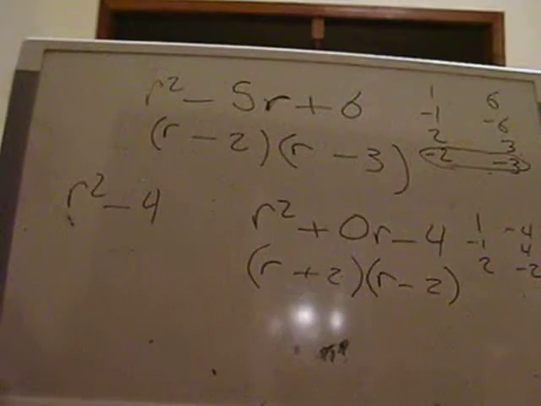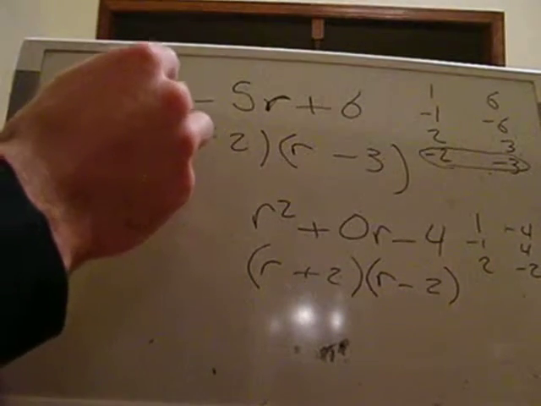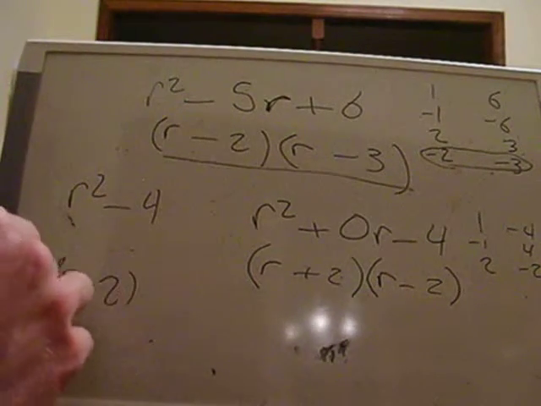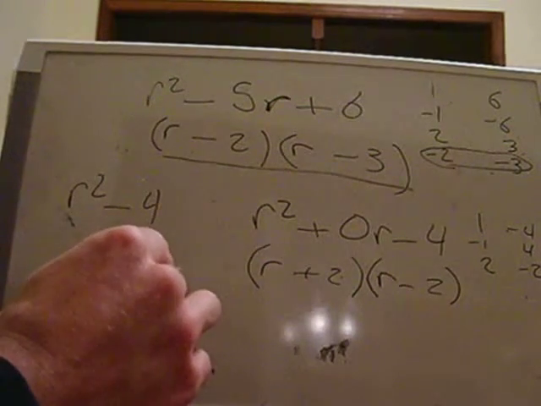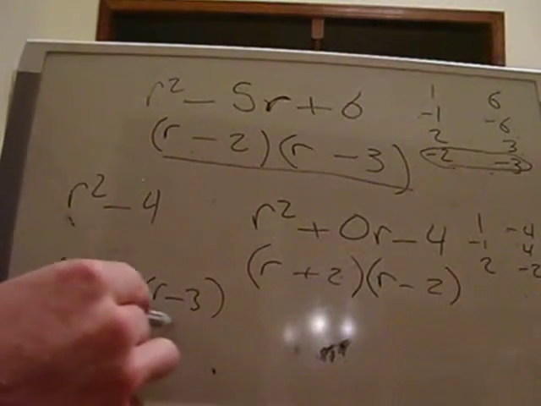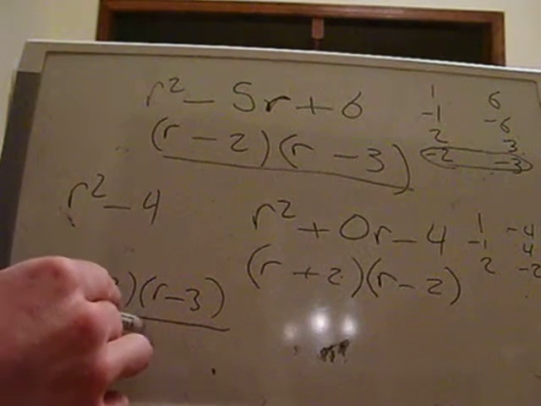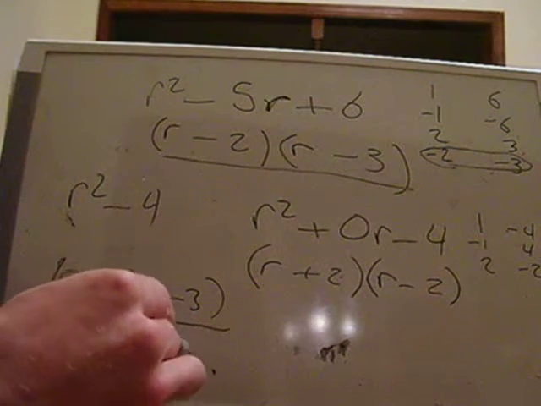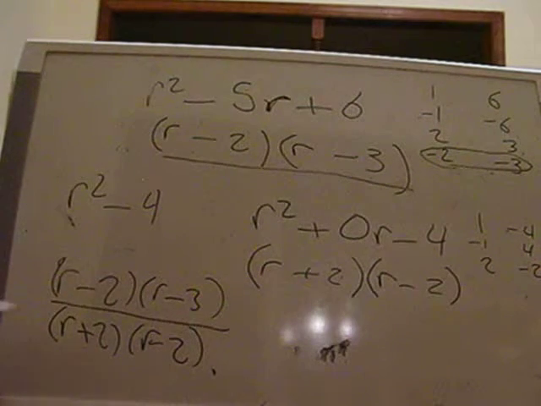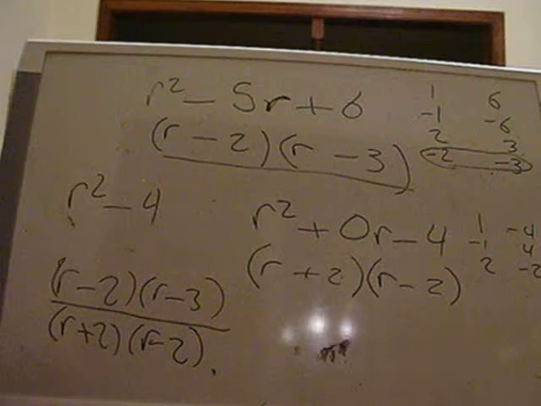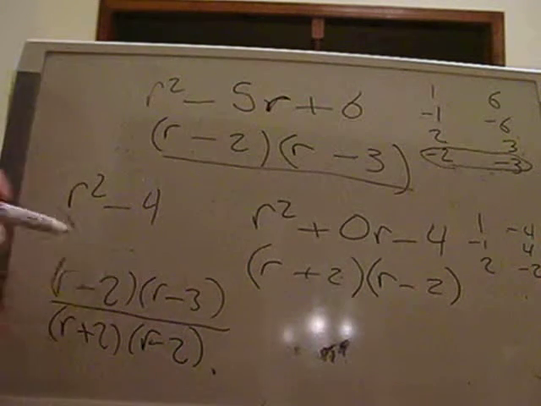Now we can get to simplifying our original expression, because the numerator, when we factor it out, looks like this. So we have r minus 2 times r minus 3 divided by r plus 2 times r minus 2. Okay. Well, since these are multiplied together and these are multiplied together, we can cancel out the same terms.